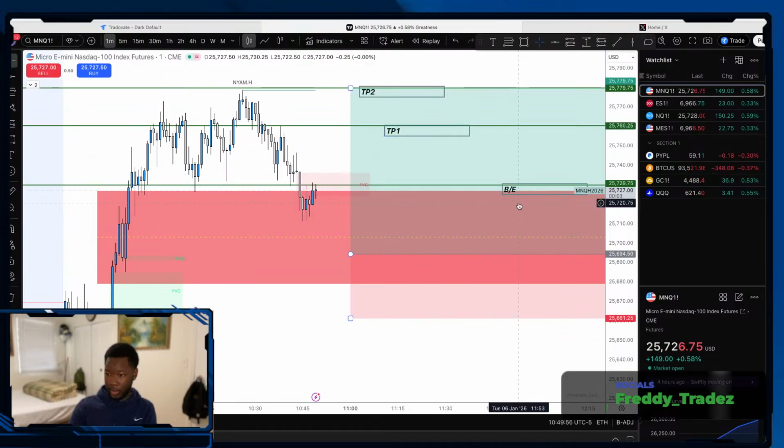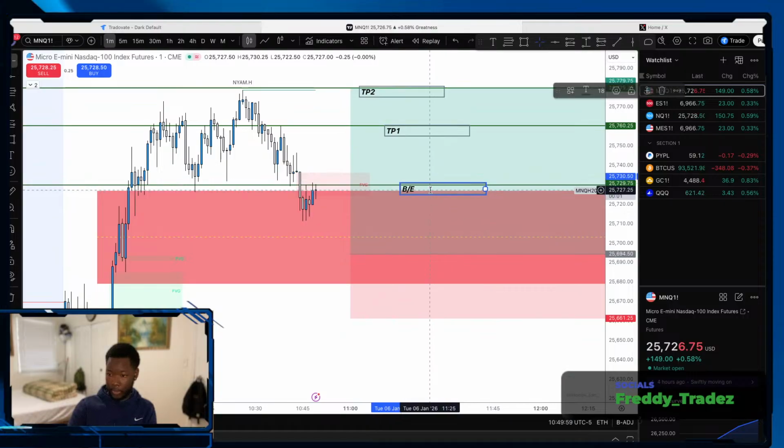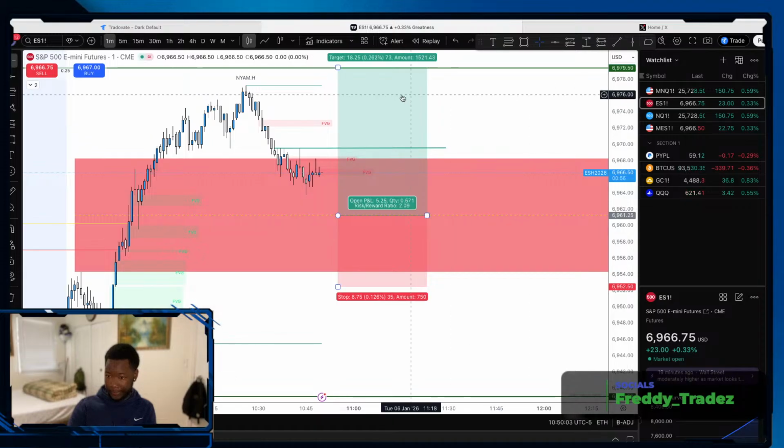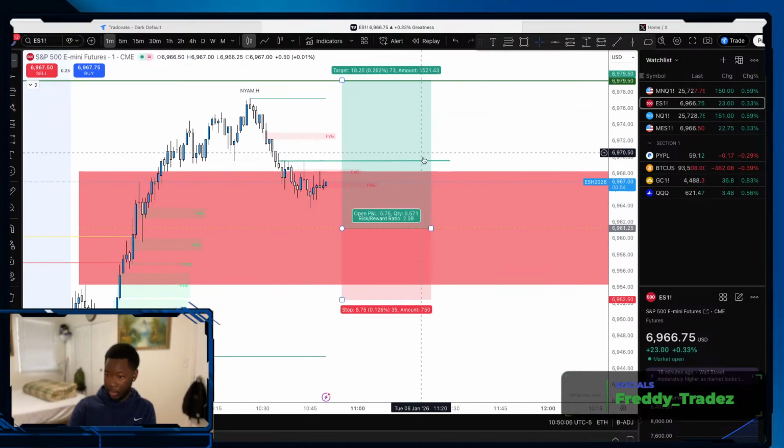So yeah, this would be the trade on NQ, right? If we got entry down here, break even, take profit one, take profit two. On ES, similar thing. This would be my break even.